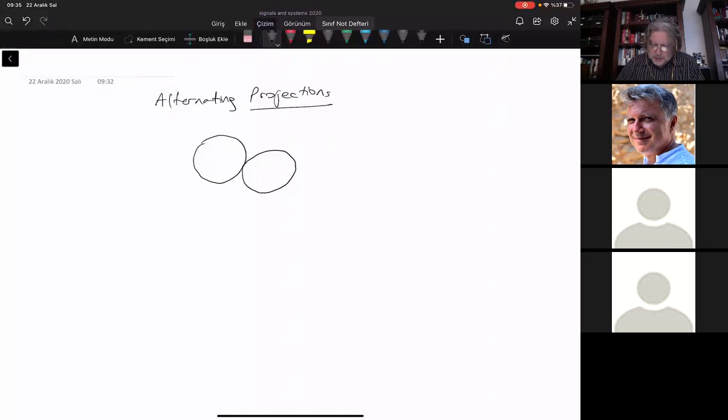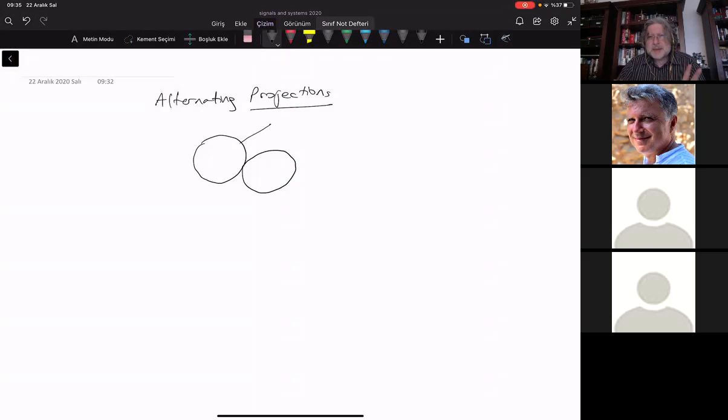So what you do is you start from one point out of these sets. It does not belong to either of the sets. It may belong to the set, but the thing that you have to do is you must make a projection to its boundary, which is an orthogonal projection.